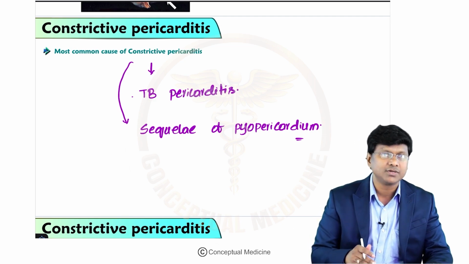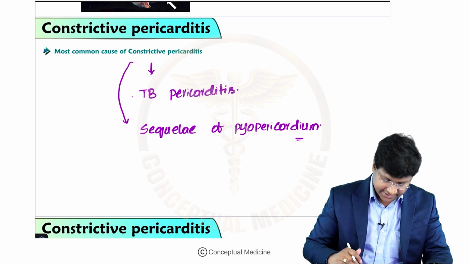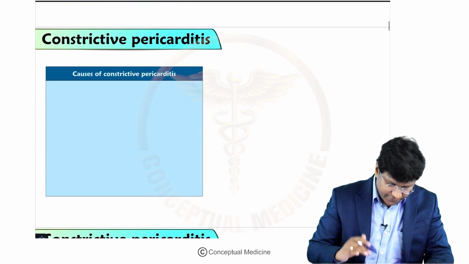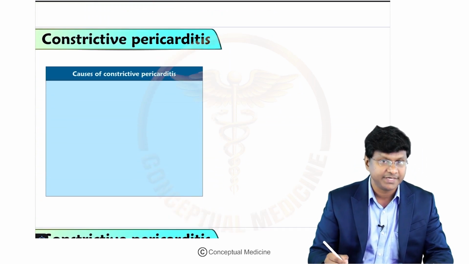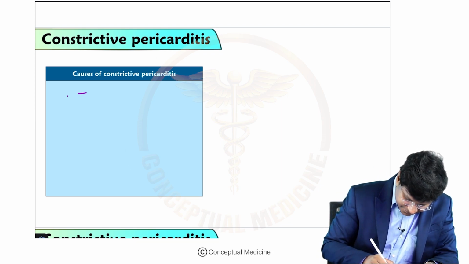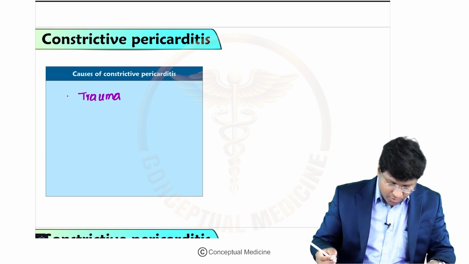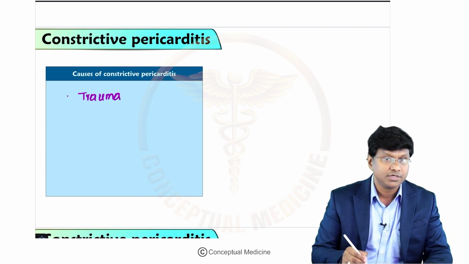Now, what are the other causes of constrictive pericarditis? If you see the other causes, trauma is one of the very important causes.